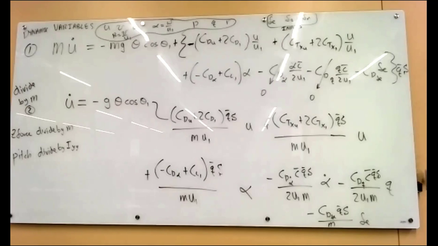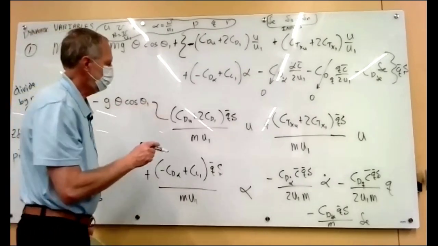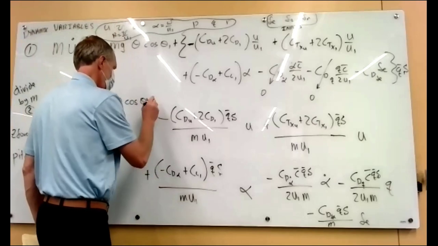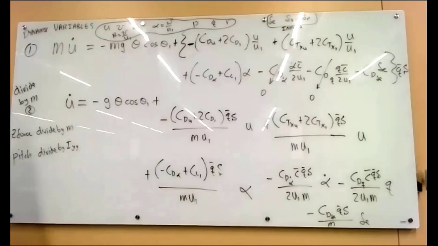Everybody caught up? So all we're doing is algebra from this point. Are we adding that first term to all these terms? Adding what term? G, beta, cosine, beta. Yeah. This is a minus sign. Let's make that better. Plus a minus this thing. Yeah.